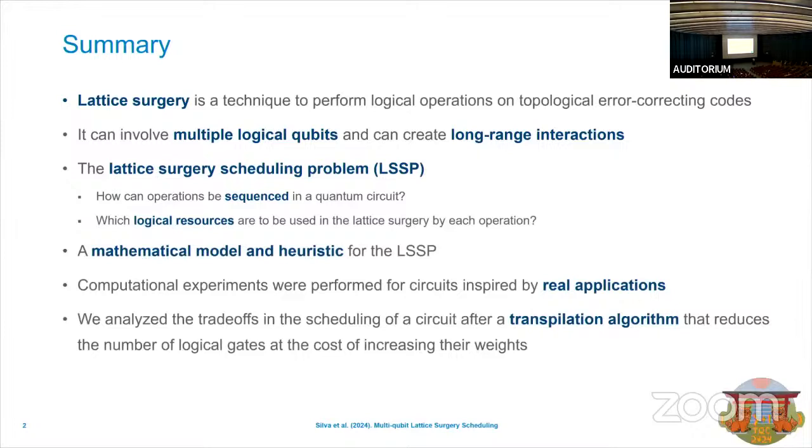So here's a summary of our research. In it, we explored the optimization of multi-qubit lattice surgery, which is a promising technique that can be used to perform logical operations by connecting distant qubits in topological error-correcting codes. A problem arising from lattice surgery is the lattice surgery scheduling problem, as we call it, or LSSP, as I'm going to use it in short in the rest of the presentation.